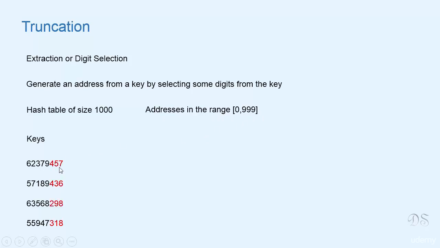If we decide to take the 3 rightmost digits as the addresses, then the addresses will be this. So now this key is stored at index 457, this one is stored at 436, and so on. If we decide to form the addresses by taking 2nd, 5th and 8th digits, then the addresses will be this.